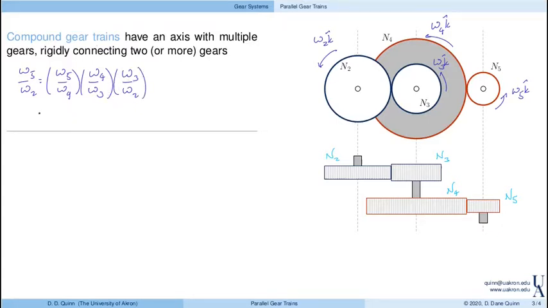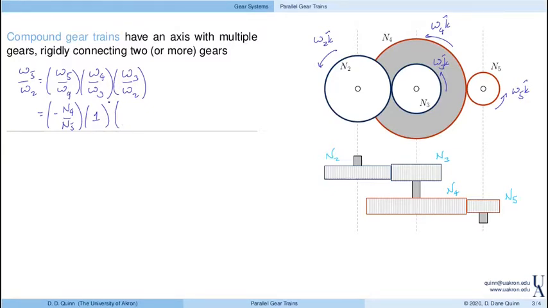When I do this, each one of these gear pairs has a relatively simple relationship. Gear 4 and 5, well, that's going to be minus N4 divided by N5. Notice that 4 and 3 is simply 1 because they're rigidly connected. These two gears have to rotate with the same angular velocity.